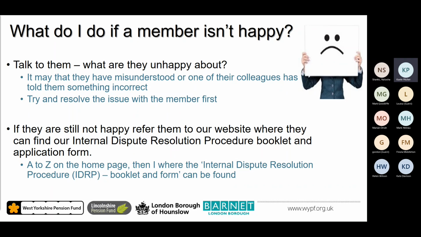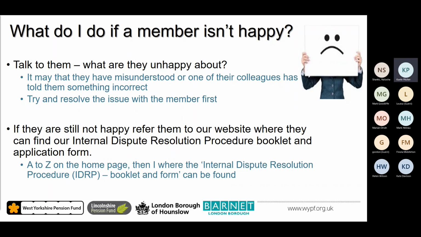So they're basing their unhappiness on incorrect information that's been received. Try and resolve the issue with the member first. It may be that just by talking to them and explaining, that's it, it's done and dusted, and they're happy.